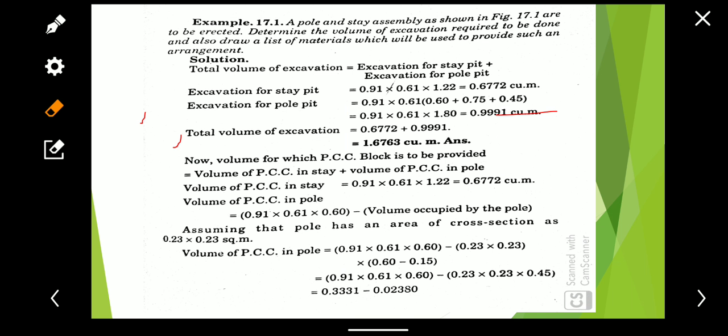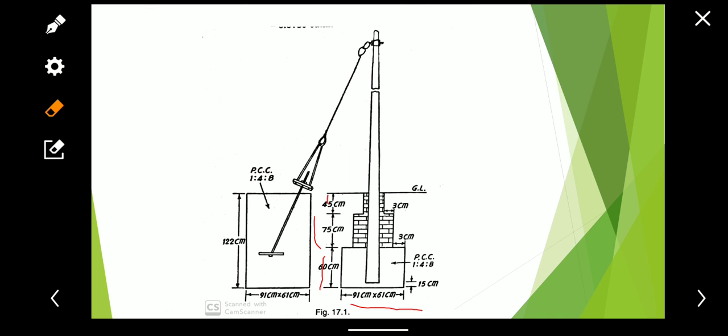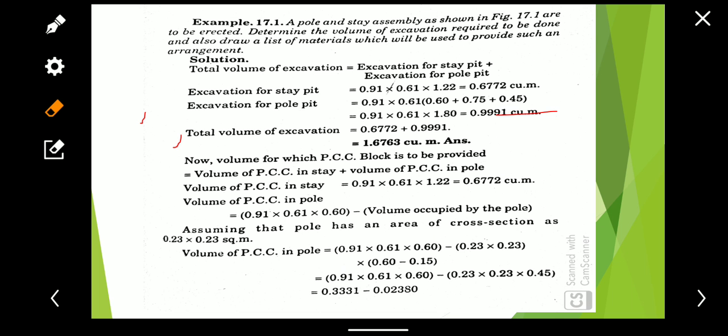So the total volume of PCC is equal to, first calculate the PCC for the stay. It is 0.91 into 0.61 into 1.22, that means the calculation for this. Then calculation for the pole. For the pole, 0.91 into 0.61 into 0.60 minus the volume occupied by the pole.